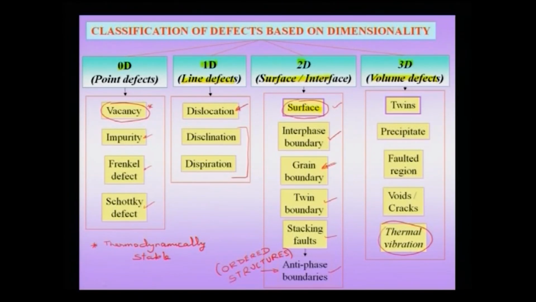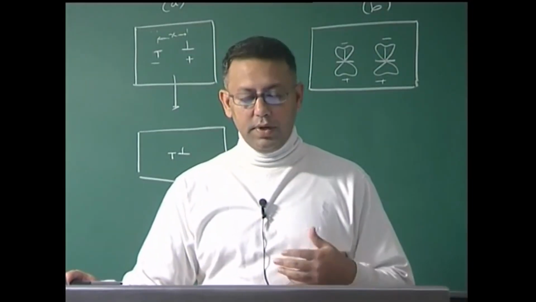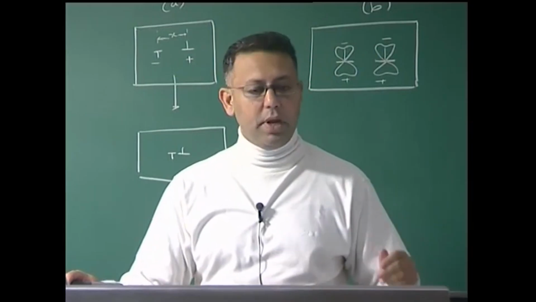So, we can have many kinds of two-dimensional defects, and of course, when I say two-dimensional, they need not be flat, they could be curved, in other words they could have a varying curvature from place to place.